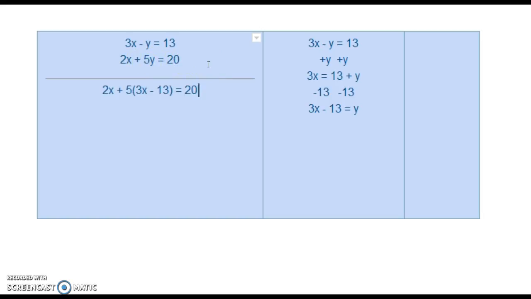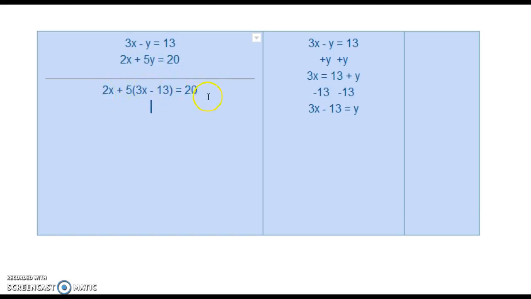Our next step would be to simplify this expression. We're first going to start by distributing that 5 like we just talked about. So we have that 2x plus, nothing happens with that, but our next piece would be this 5 times that 3x. That will get us 15x. And then our next piece will be this 5 times this negative 13.